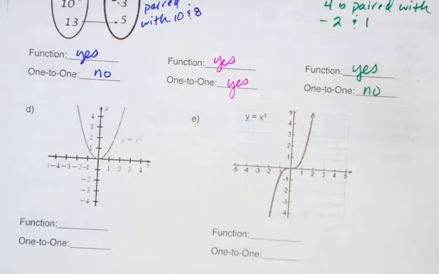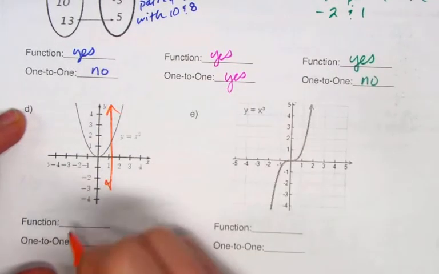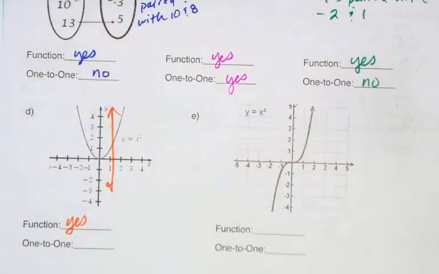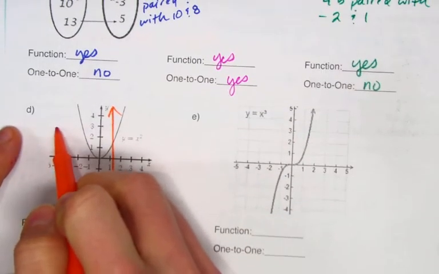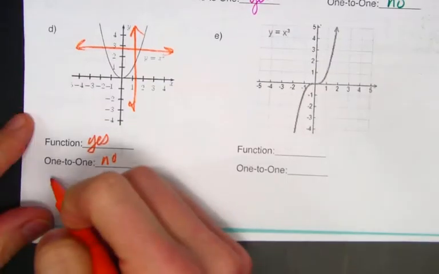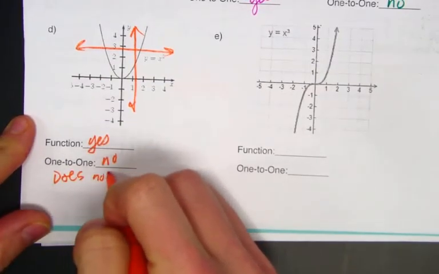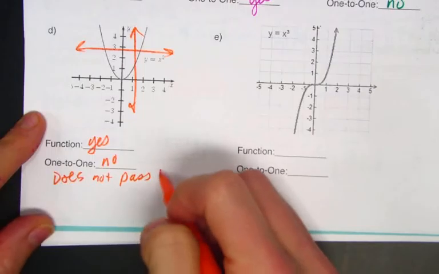Why? Do the line. It passes the vertical line test. All right. Is this function one-to-one? No. Why not? It does not pass what? The horizontal line test.